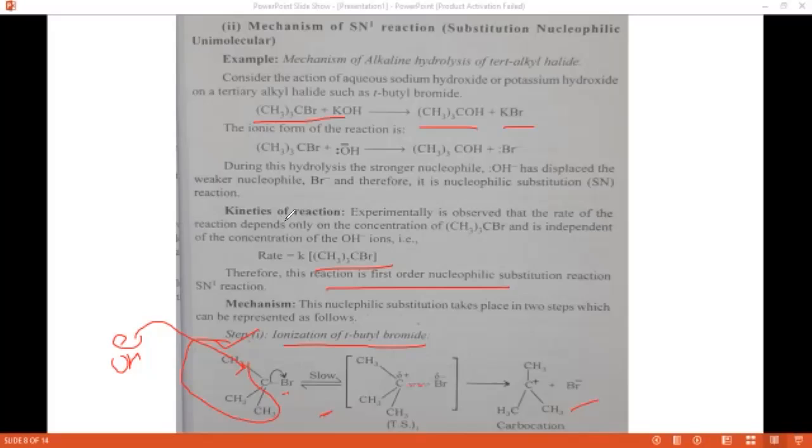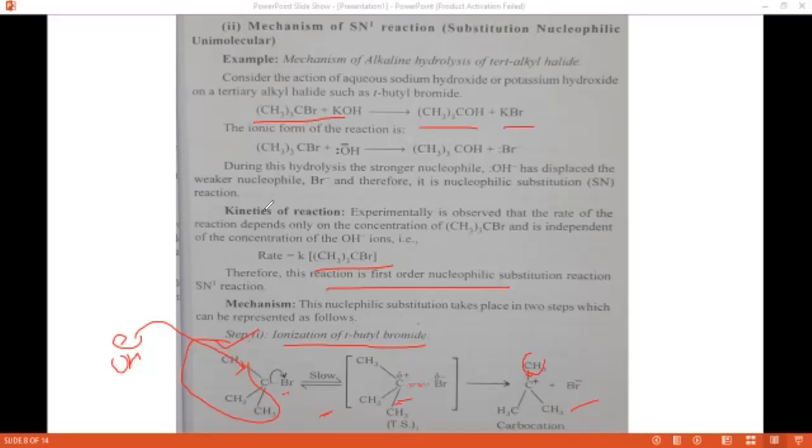Due to the gradual breaking of the bond, a transition state is formed. In the transition state, the carbon and bromine bond is breaking.